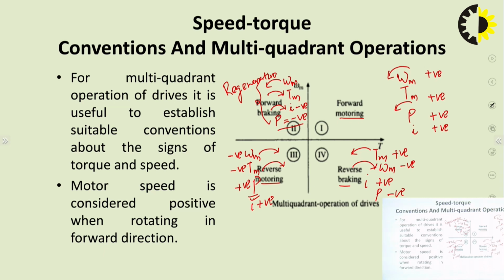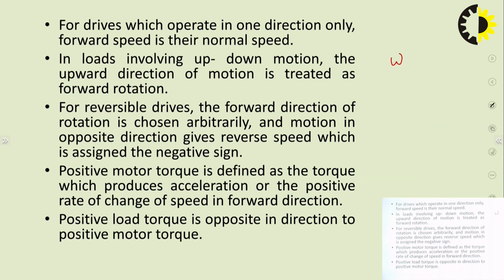So this is the convention, and on the basis of this convention, we will see multi-quadrant operation of a motor, or we can say a drive is able to run the motor in all the 4 quadrants, and that's why we are using drives nowadays in industrial applications. So let us see the multi-quadrant operation. For drives which operate in one direction only, forward speed is their normal speed.